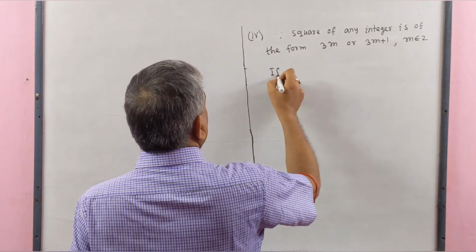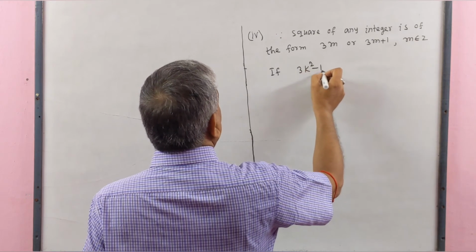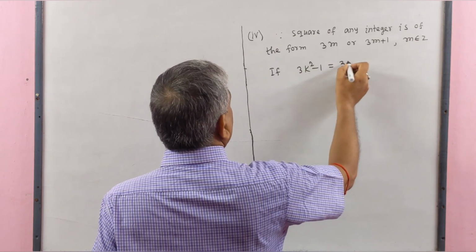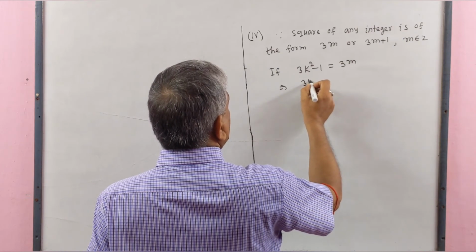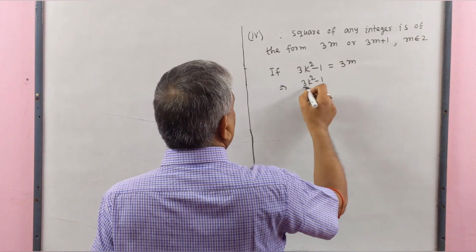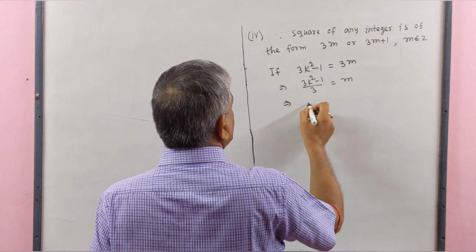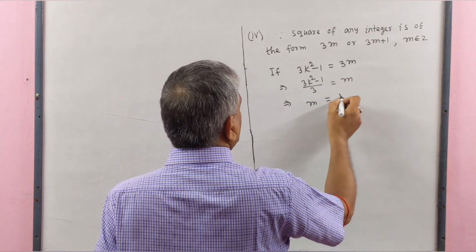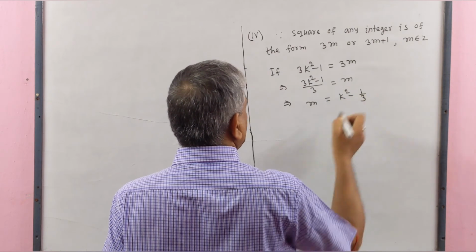If 3k square minus 1 equals 3m, it implies that 3k square minus 1 divided by 3 equals m, which implies that m equals k square minus 1 by 3.